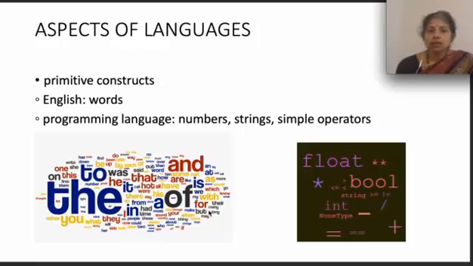Like in the English language, you have different words to form a sentence, like, what is your name? Or, just take a printout of these files. So we know how to speak in English. Similarly, a system also requires a programming language, and the syntax will be defined by the programming language, and it can manipulate numbers and strings with simple operators.